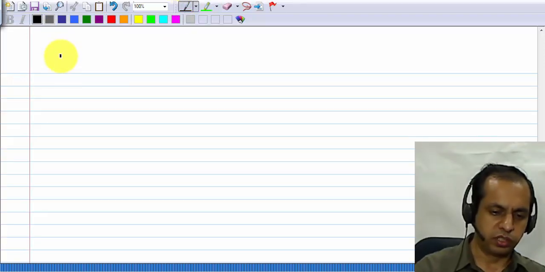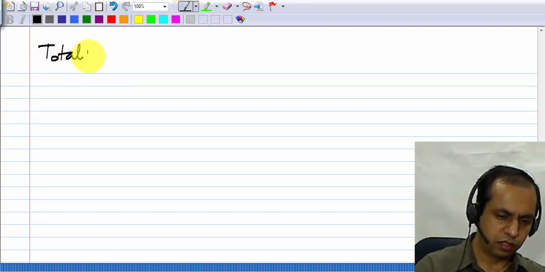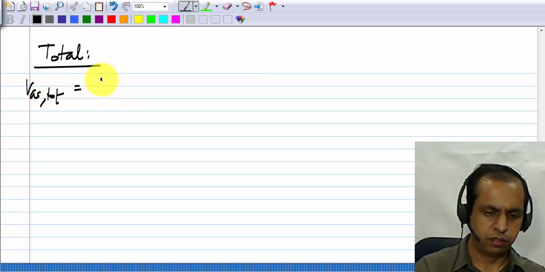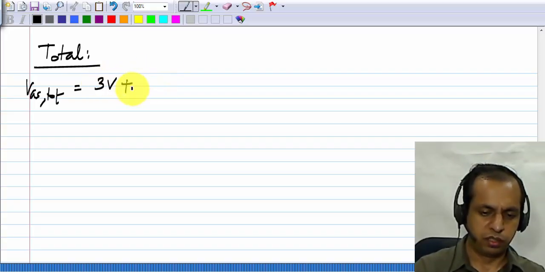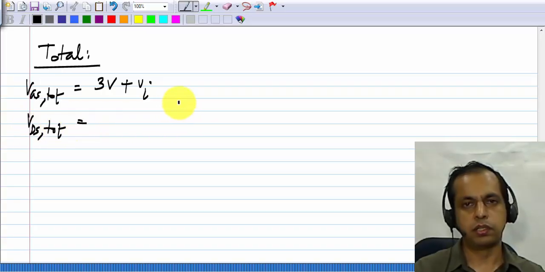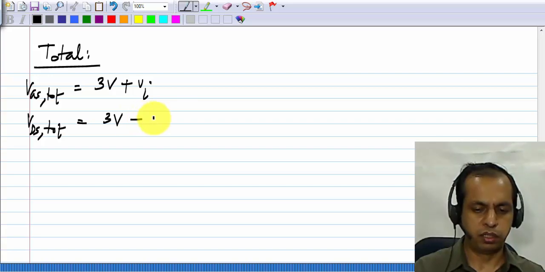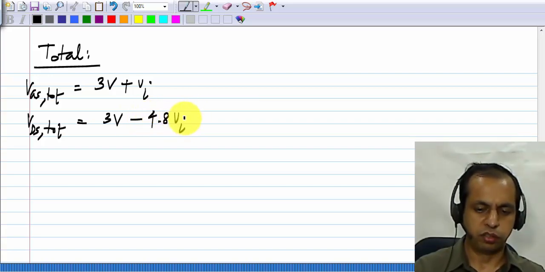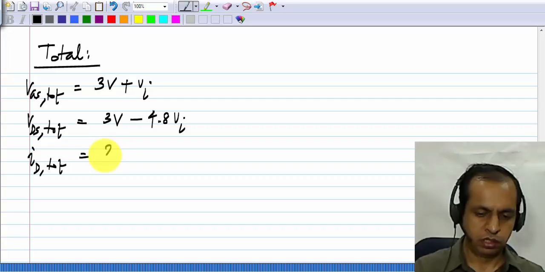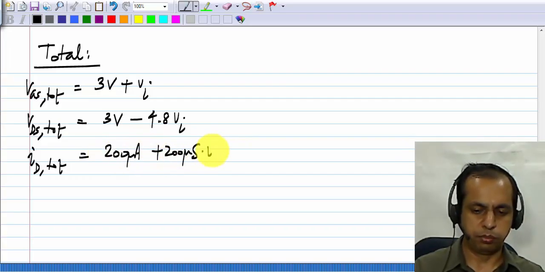So the total quantities will be: VGS total is the operating point part plus VI, VDS total is the operating point part minus 4.8 VI. That's the incremental part of it. And ID total is 200 microamperes plus 200 microsiemens times VI.